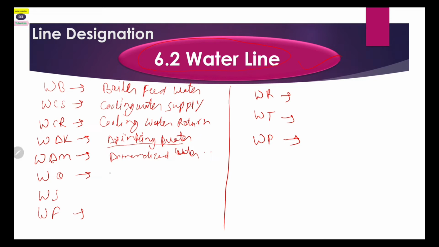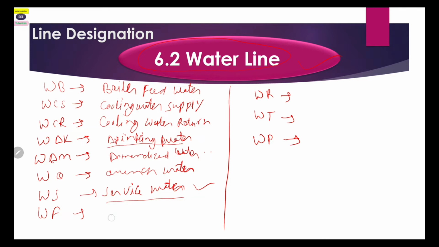WQ is quench water. Quench water is also used in some units, especially in DCU. WS is service water. Whenever water is required other than cooling water, then service water is used in some other areas.